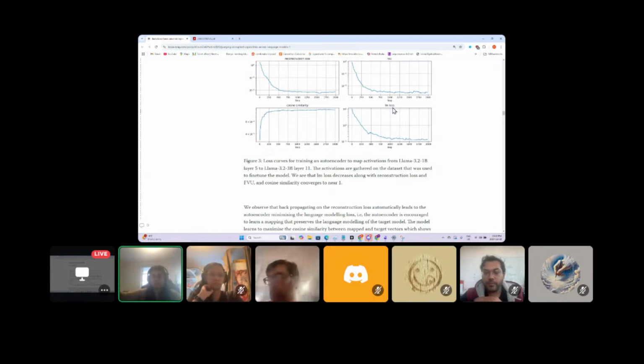So you take your prompt, you get your source activation, you apply the autoencoder, you get the mapped activations, and then you get the true activations in batch form. And what you do is you take the source model and feed the prompts to the model, but you feed the mapped activations, and then you get the KL divergence.